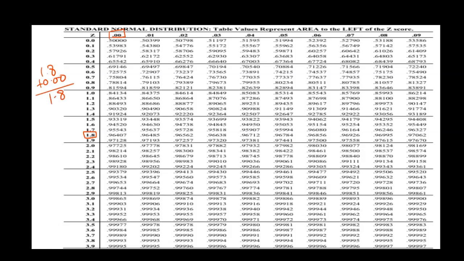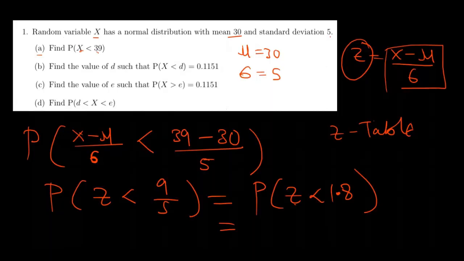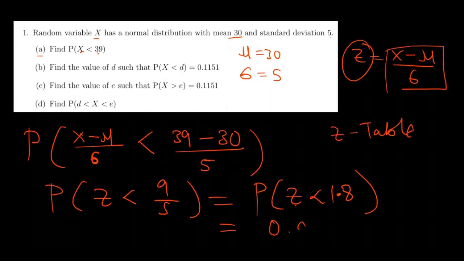We want the probability that z is less than this 1.8. So you can come down from this row here, and from this column you can go to the left like this. The intersection will happen here, and that will be the probability that we are looking for. So this one here will just be 0.9641 if we round off to 4 significant figures. Okay, so we are done with the first one.